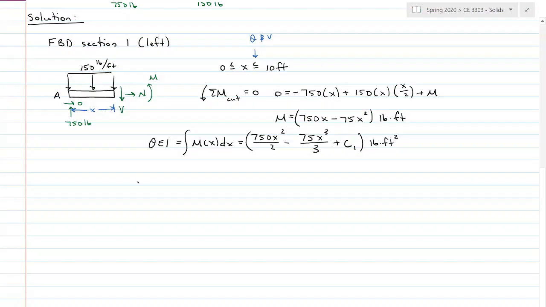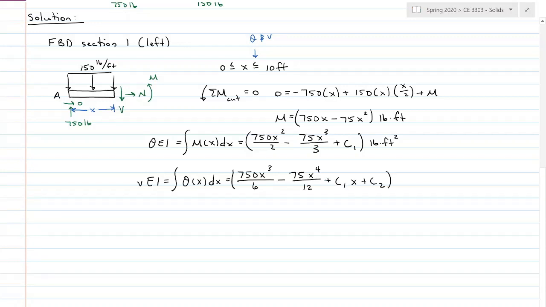Okay, and then we have vertical deviation. Again, this is lowercase v for vertical deviation, and that is the integral of the slope equation, dx. So that's going to be 750x cubed divided by 2 times 3, which is 6, minus 75x to the 4th divided by 3 times 4, which is 12, plus c1x plus c2.